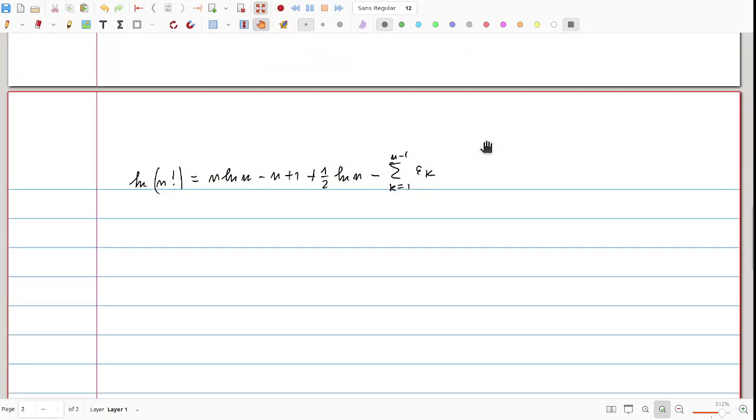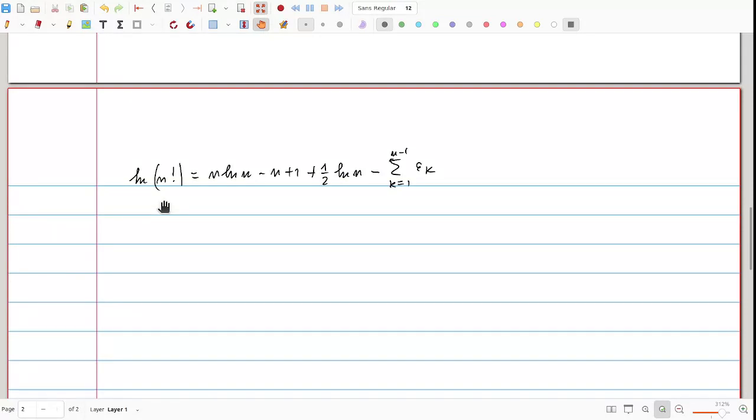And now, taking the exponential of both sides, we have that n factorial is equal to e to the n log n divided by e to the n, times e to the power 1, times e to the 1/2 logarithm of n, divided by e to this power.